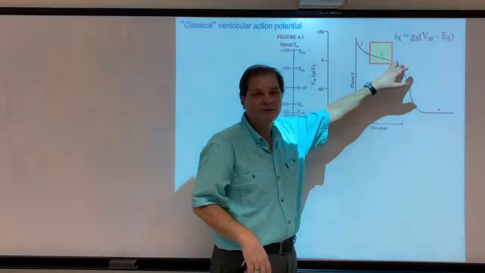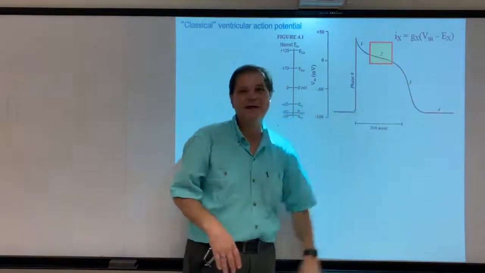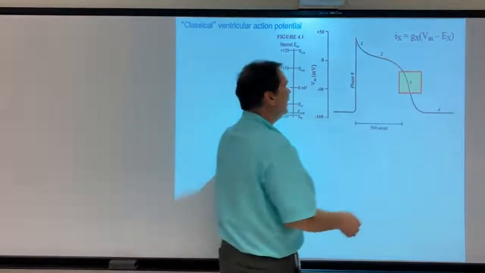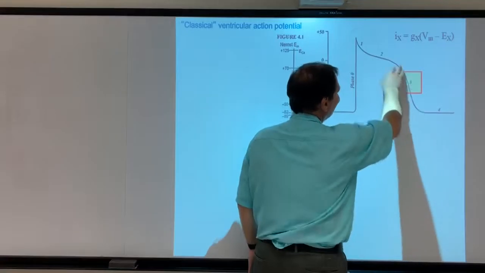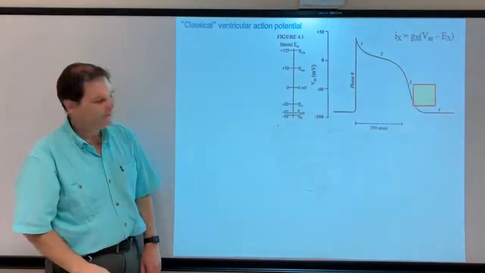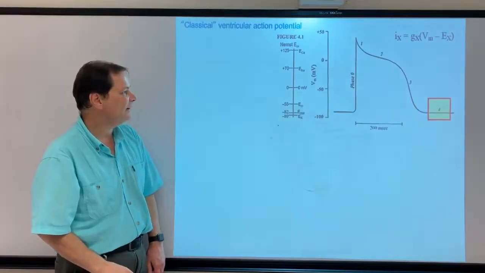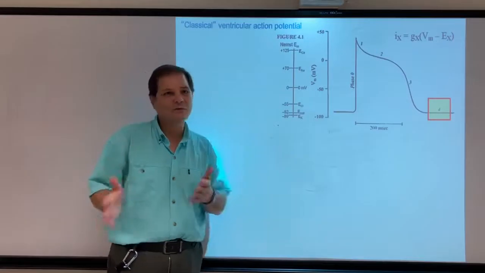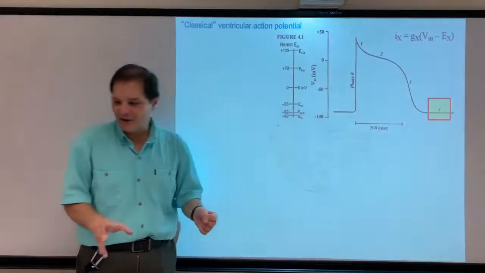So we have a plateau phase here. It forms almost a flat plateau. And then we have phase 3, which is another repolarization phase that brings us all the way back down to rest, and that is phase 4, down at the resting potential. Okay? So that's a quick round the horn in terms of the phases and what we're talking about when we talk about the cardiac action potential.